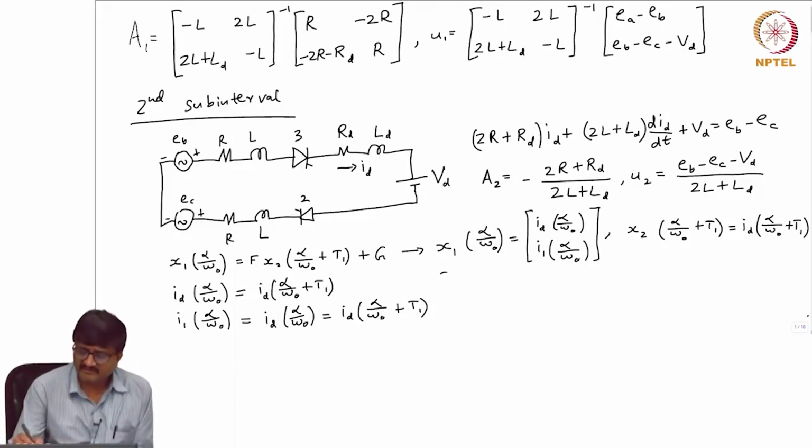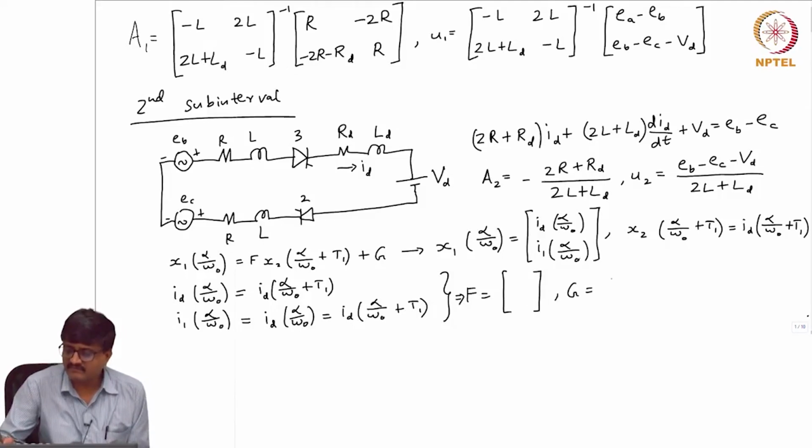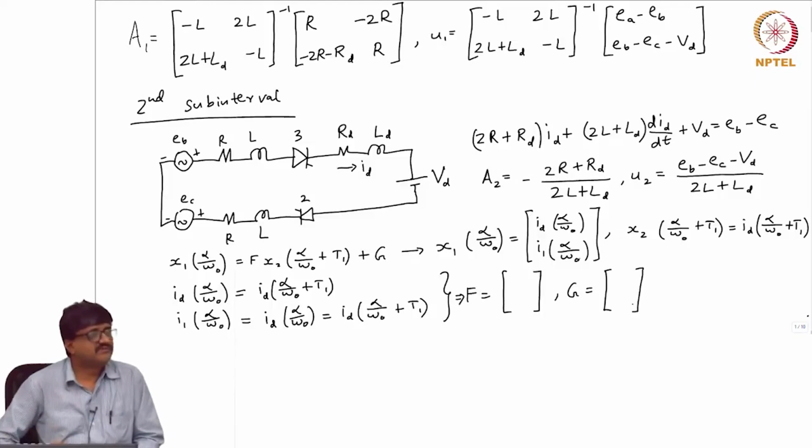So, from this, can I get F and G? From this, I get F and G. Both are of size 2 cross 1. So, what is F, what is G?